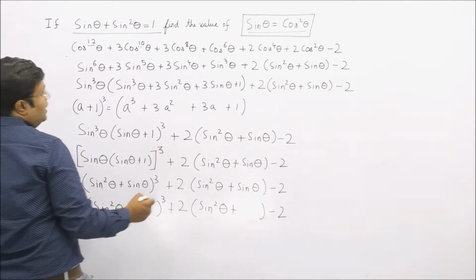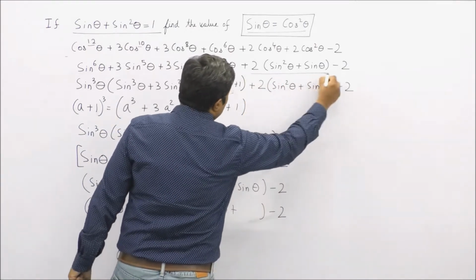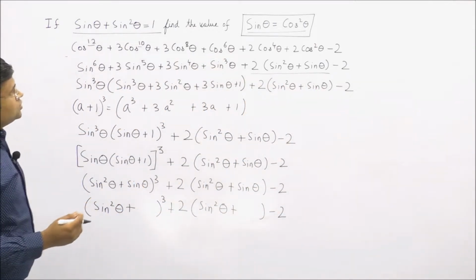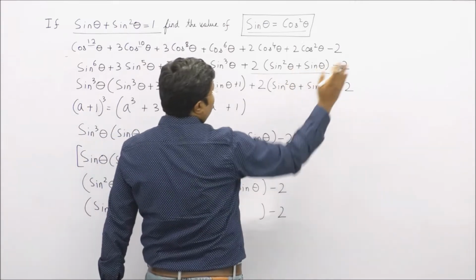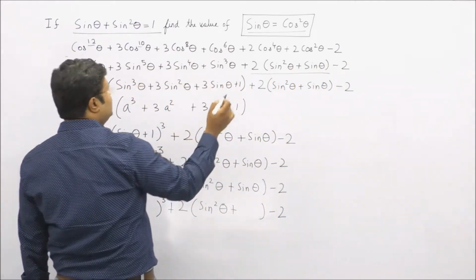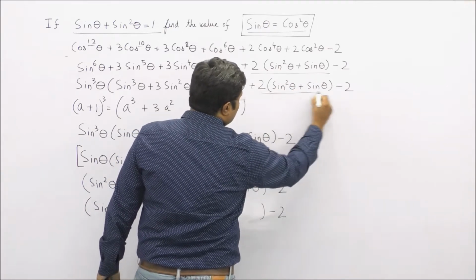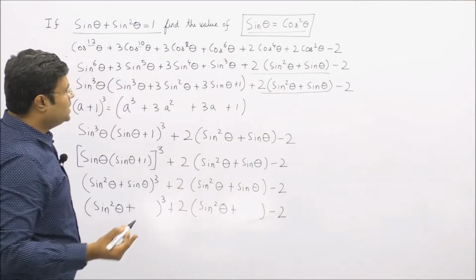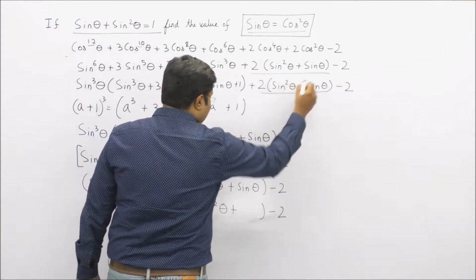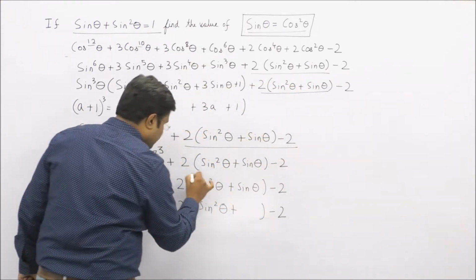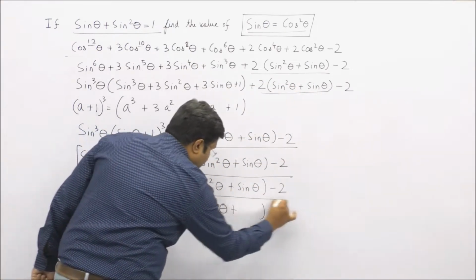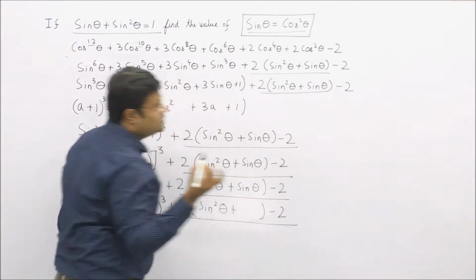Now we have taken this as one term, because we had 2 with only the last 3 terms. We could have taken all the 3 together, but I just took these 2 and I took 2 common, 2 sin square theta plus sin theta. Now you see, this part stays the same till almost the last step.